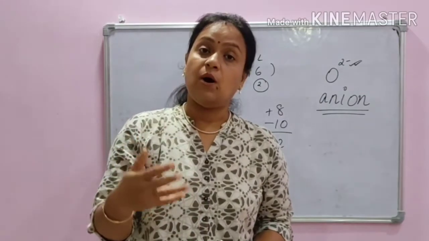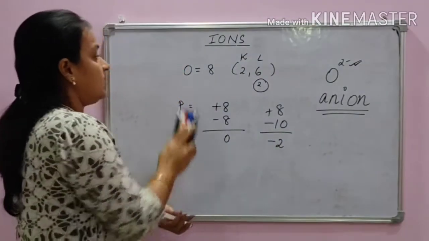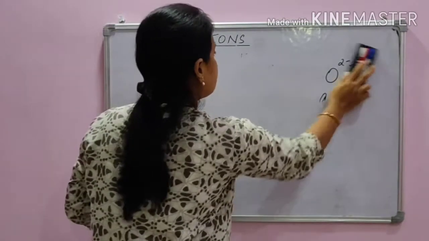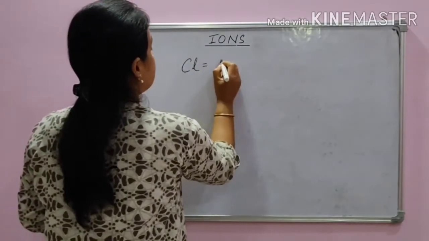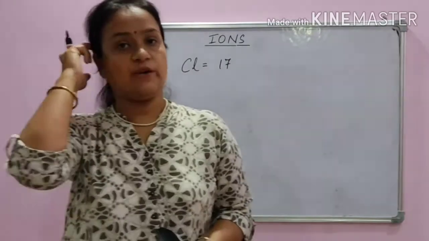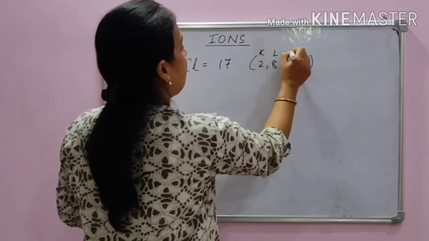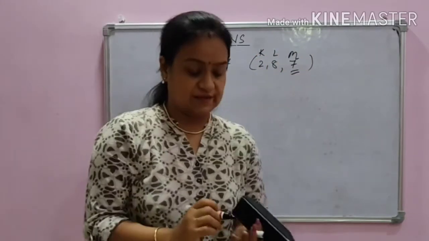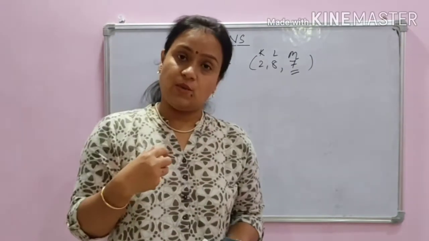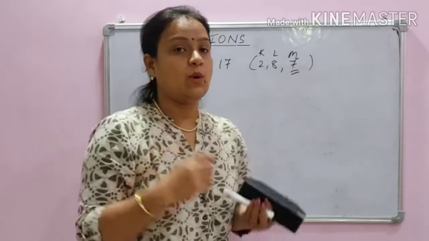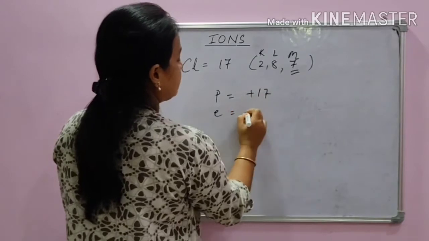Now let us see how chlorine becomes an ion. Let us take the chlorine atom. The atomic number of chlorine is 17. So if we check its electronic configuration, it is 2, 8, 7 in the K, L, M shells. The M shell is the outermost shell, which has 7 electrons, while it can accommodate 1 more electron. So it can take 1 more electron from some other atom. The number of protons was 17 and the number of electrons was also 17.